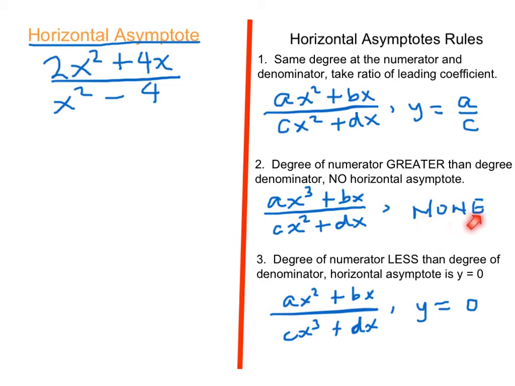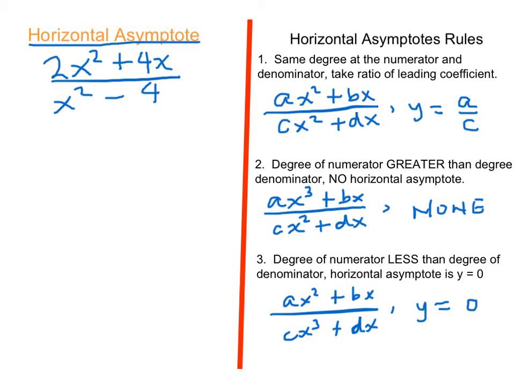And the third rule says that if the degree of the numerator polynomial is less than the degree of the denominator polynomial, 2 is less than 3, then the horizontal asymptote is simply y equals 0.